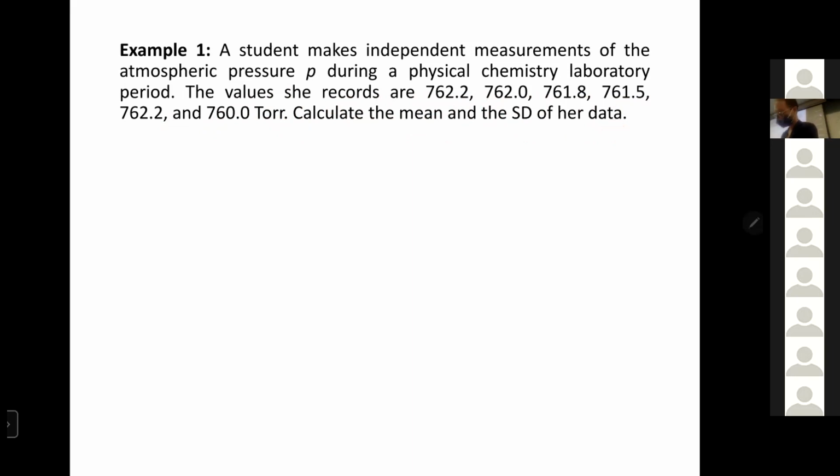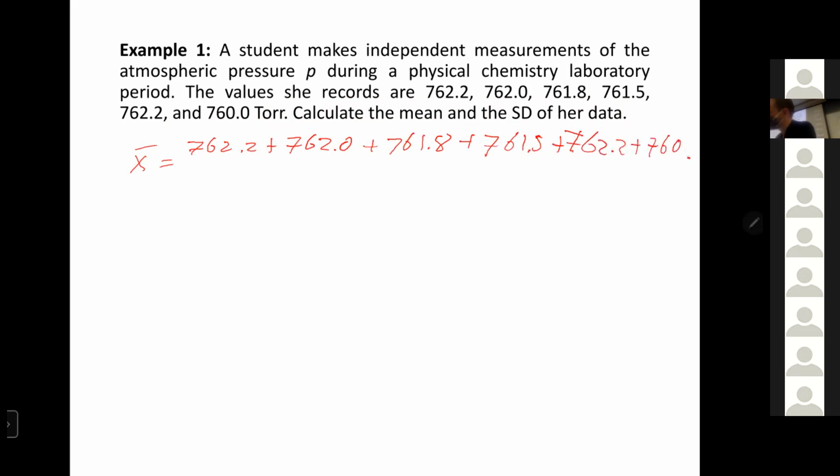Okay, so the mean, x bar, that's going to be just 762.2 plus 762.0 plus 761.8 plus 761.5 plus 762.2 plus 760.0.